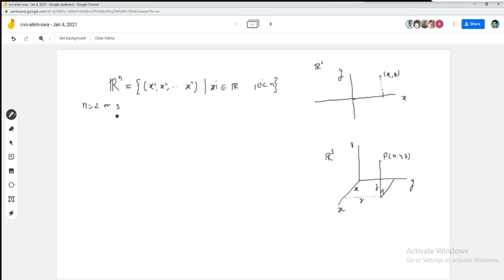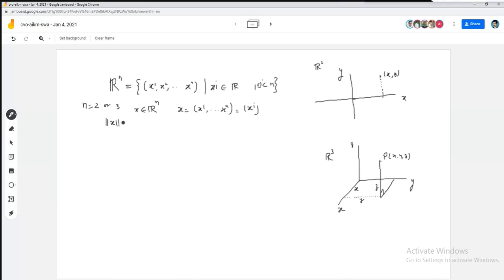So let us talk about this norm structure, the norm of a point x. This x is an element of Rn, so it has n coordinates x1, x2, x3, xn. You can write this x as (x1, x2, x3, xn), and in short, you write xi.